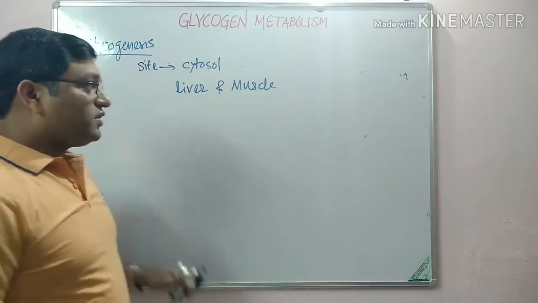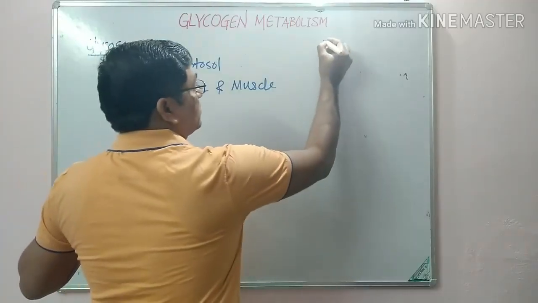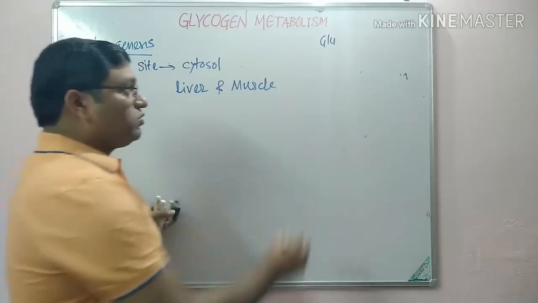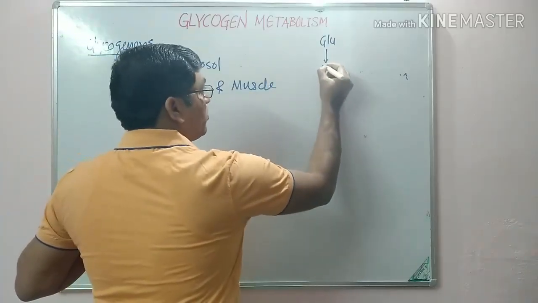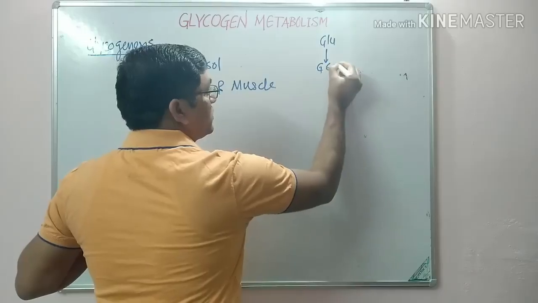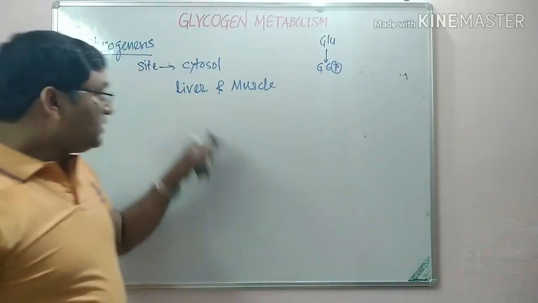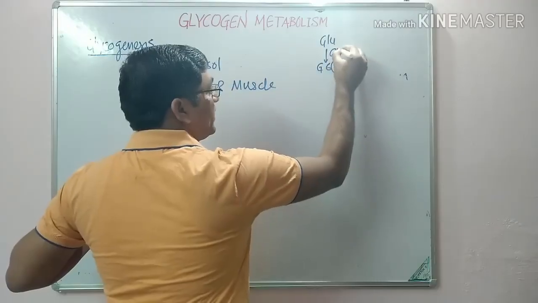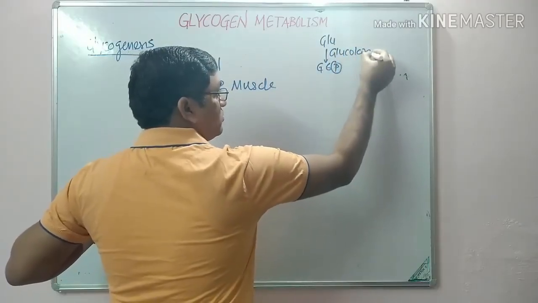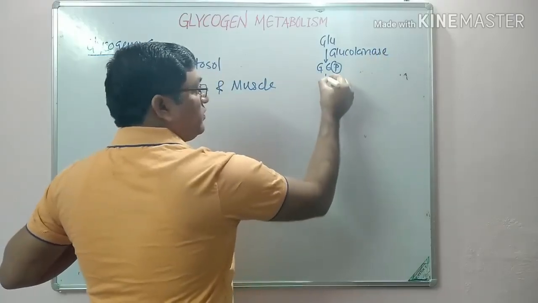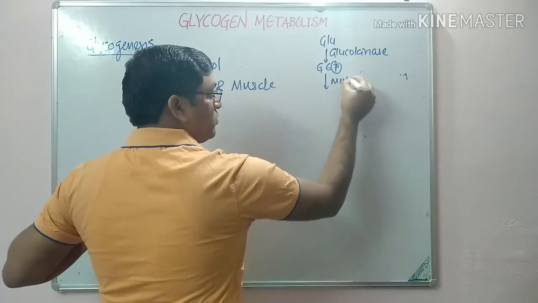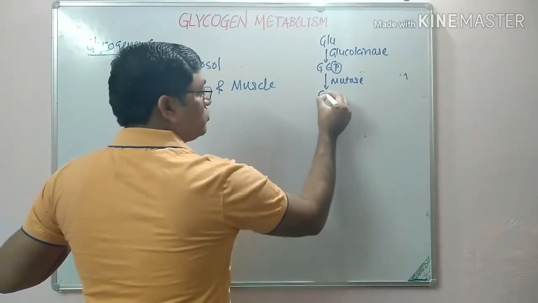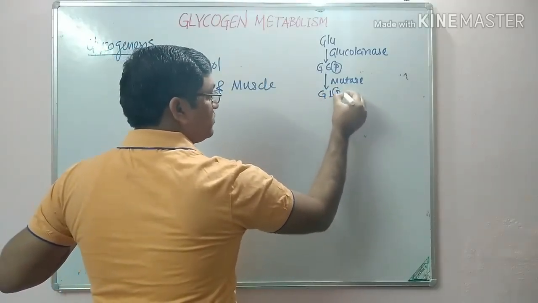We will discuss the steps in glycogenesis. This is a glucose molecule. From this glucose molecule, there is formation of glucose 6-phosphate. As it is in the well-fed state, the important enzyme is glucokinase. Then with the help of mutase, this glucose 6-phosphate is converted into glucose 1-phosphate.